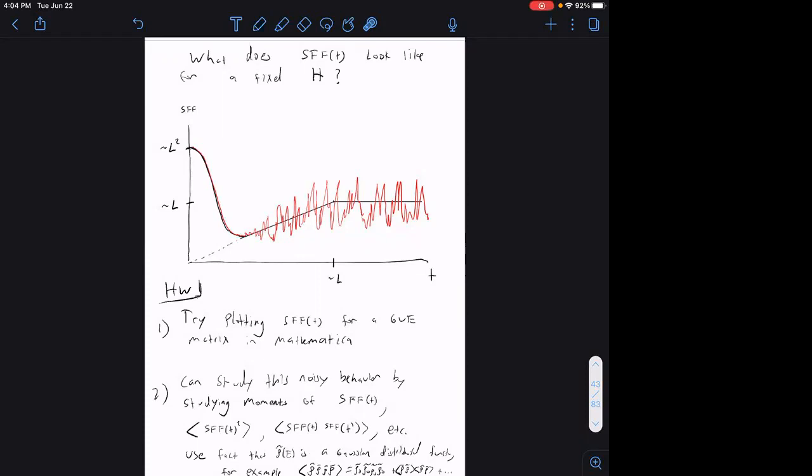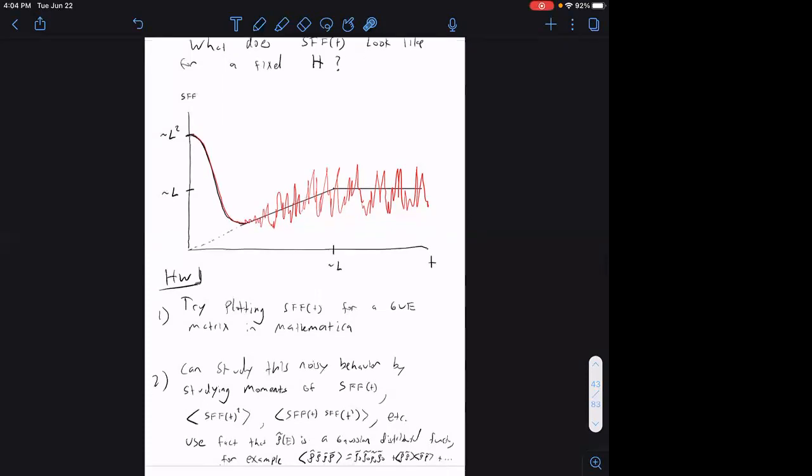You can plot it in Mathematica, and that's some homework if you guys are interested. Mathematica is a nice way of generating GUE Hamiltonians. And we find this sort of picture. Here I've drawn it as a log-log plot. You start out at this large value, order L squared, and you decay. But when you get to where the average ramp would be, you find a very noisy signal.